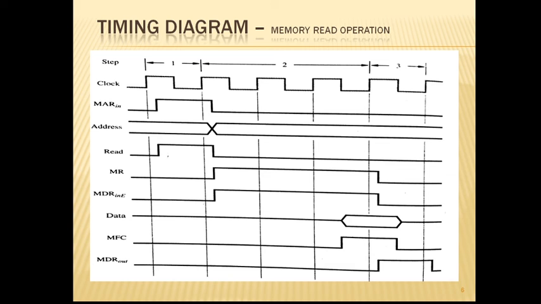Before that MFC signal is received by the processor, it will be in a waiting state, waiting for the memory function complete signal. So this is about how a word is fetched from the memory.